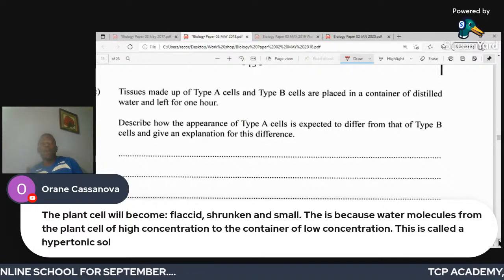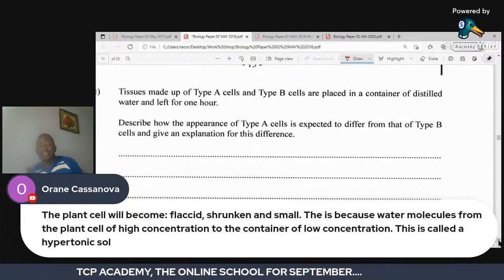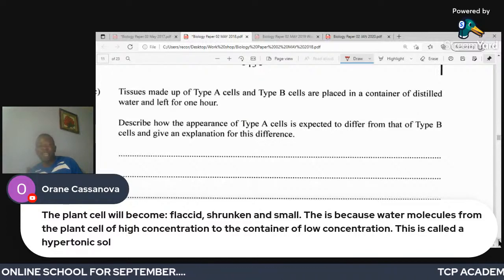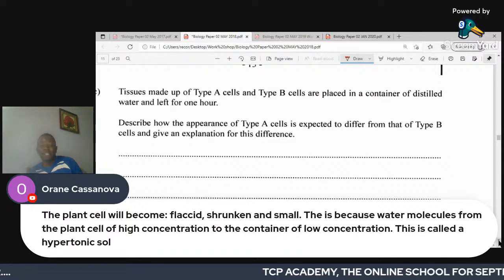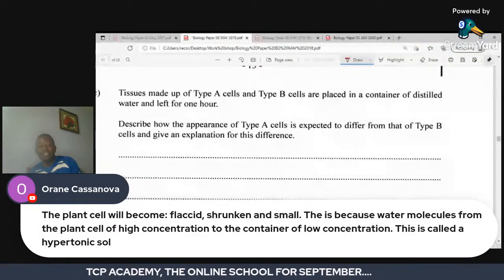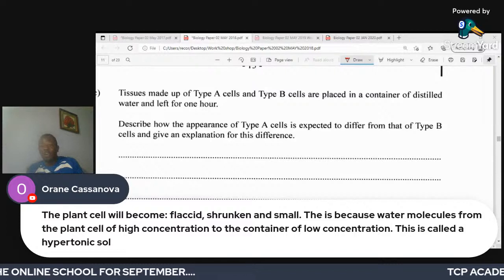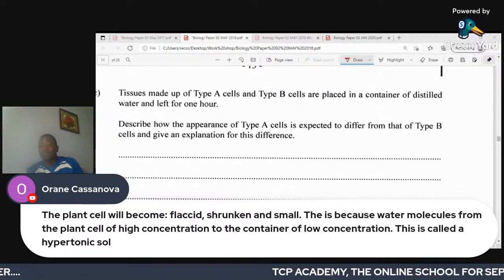Now describe how the appearance of type A cell is expected to differ from that of type B cell and give an explanation for this difference. Let me see what is going to happen over there. Remember, we did this on the 2017 paper this morning.